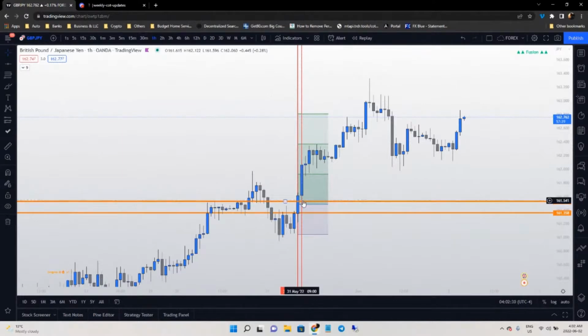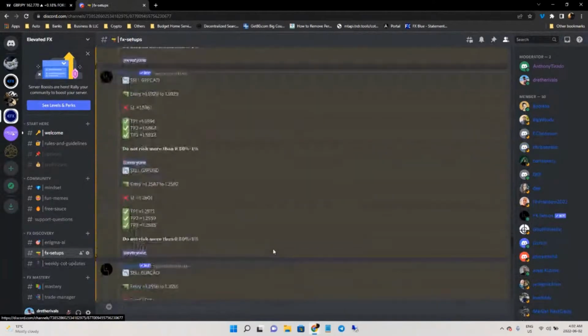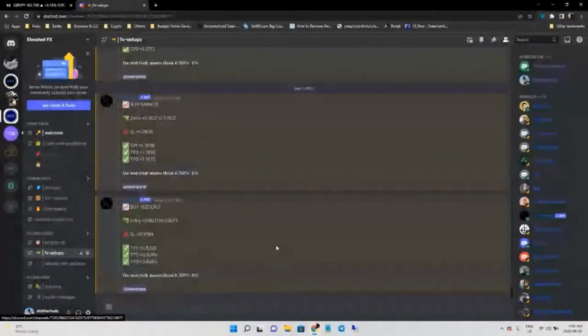That was a 7 pip stop loss. Okay. And the first one was a 33 pip stop loss. So that's that. So we're just going to see if there are any setups here that were sent out at 4. No, we don't have anything here yet.